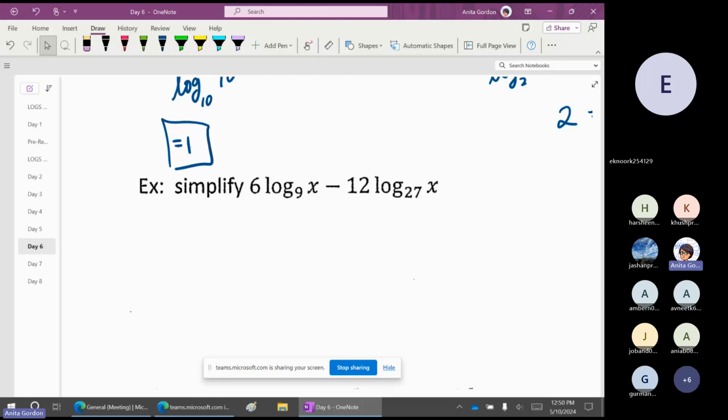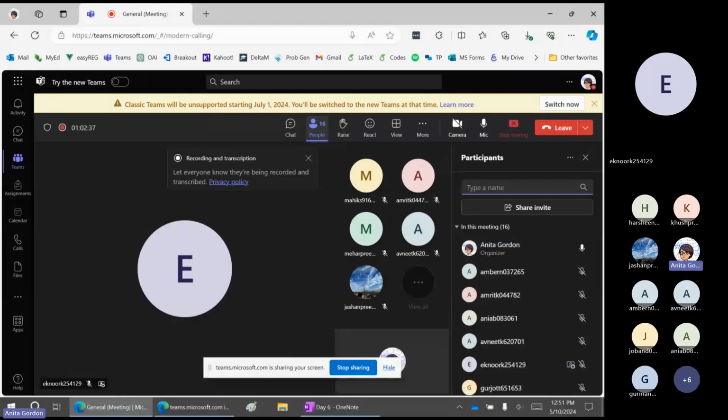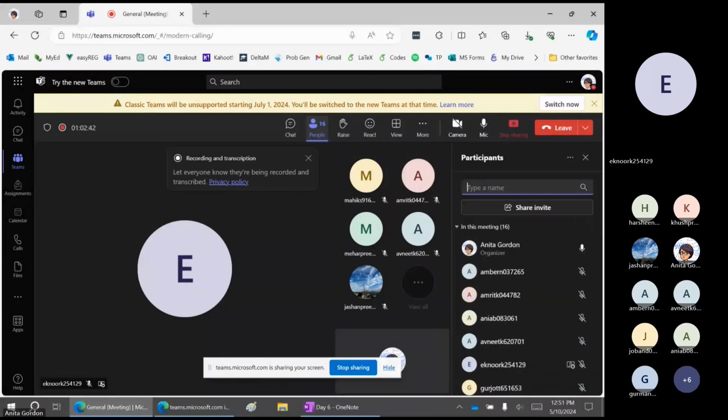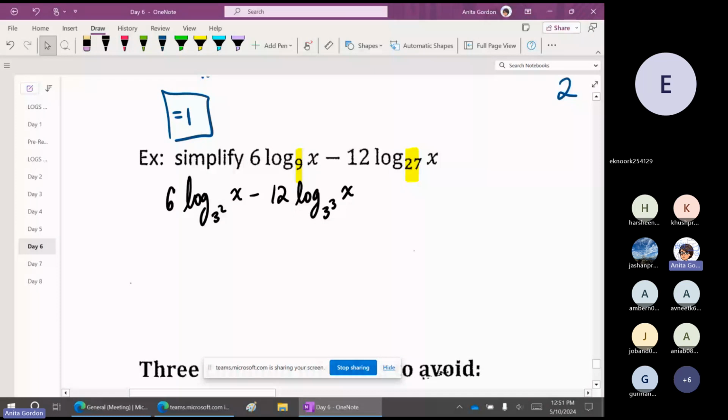What can we do? Can't see? Can you see now? Okay. Who said no still? You're okay? All right. So I did a slight change of base.